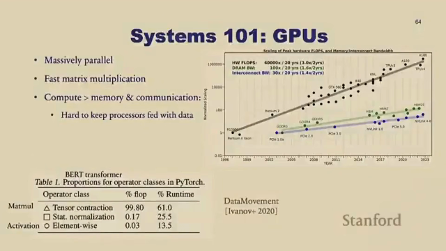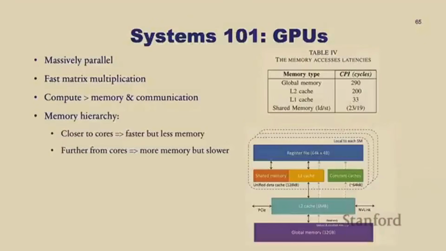So the data you send to GPUs is hard to keep up with the processing, and most of your GPUs are going to be idle if you just run normal code and don't optimize it. This will continue over time.